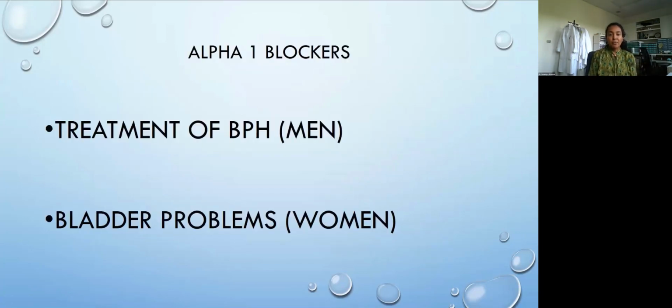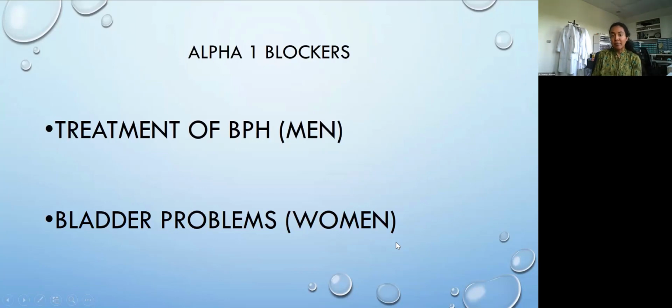Flomax falls into the alpha-1 blocker class. It is used for treatment of benign prostatic hypertrophy in men, and to treat bladder problems in women. In BPH, or benign prostatic hyperplasia, the prostate gland enlarges, making urination really difficult because the bladder tightens up.